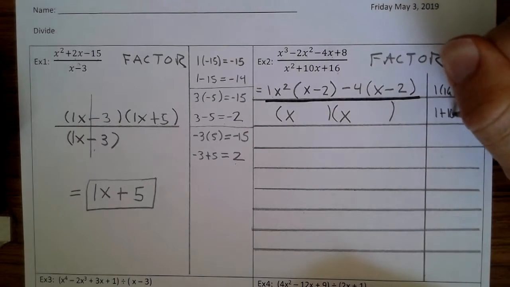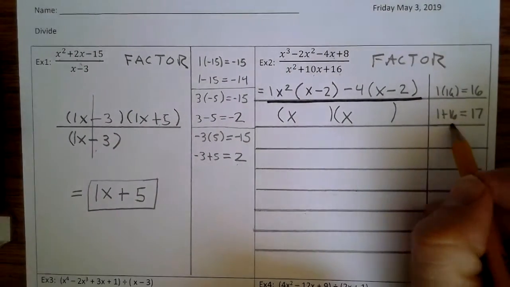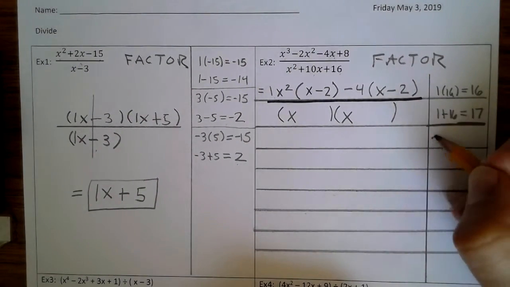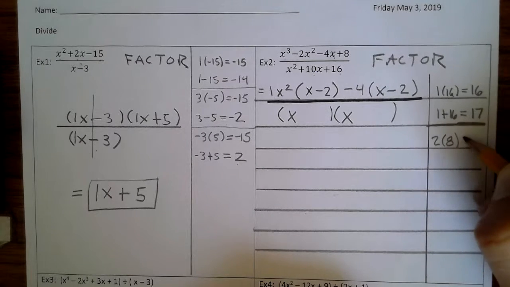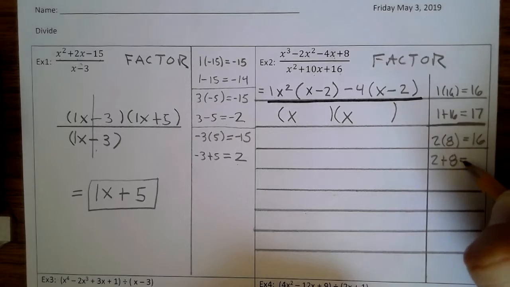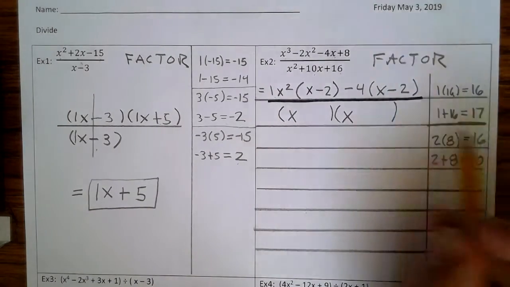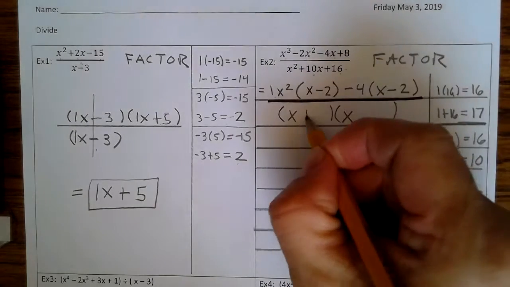That doesn't work because remember, we're looking for 10. So now 2 times 8 equals 16. 2 plus 8 is 10. Well, that works. We get the 16 and the 10. So our factors are x plus 2, x plus 8.